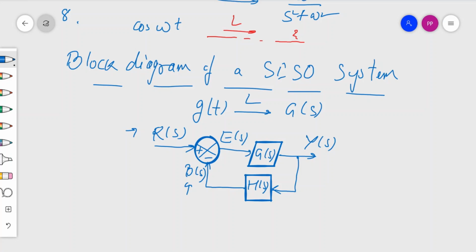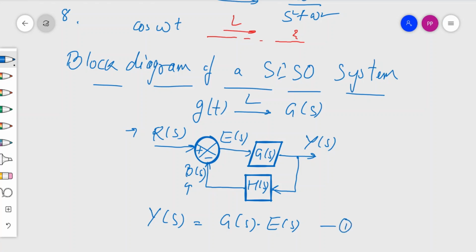So based on this block diagram, we can find out certain expressions. What is Y(s)? From this block diagram, Y(s) is at the output of G(s), and this G(s) is getting the input from E(s), because E(s) is a signal and G(s) is a function which represents the plant over here.